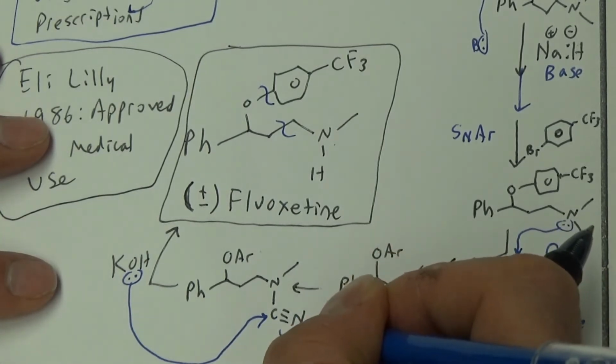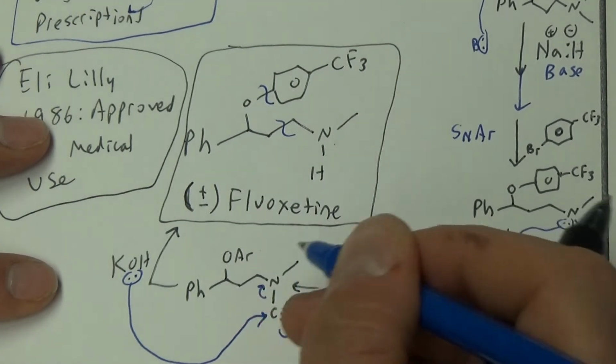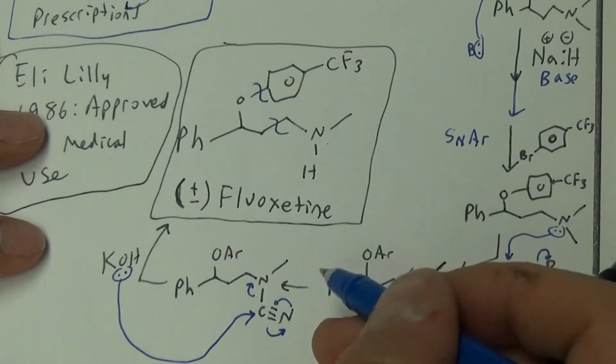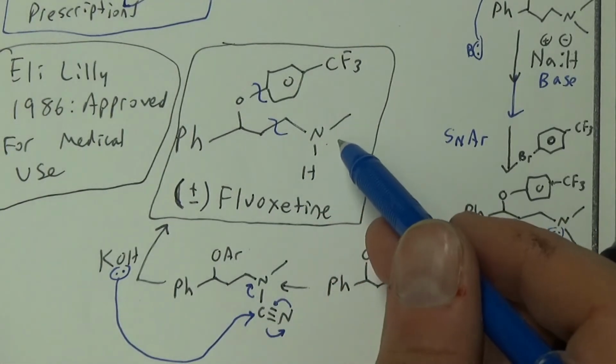Basically kick electrons up, down, and off, and this falls off nitrogen, so it cleaves the bond. And the end result is we got our product, fluoxetine. Okay?